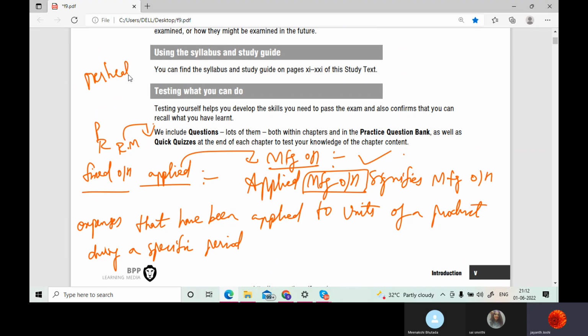Overheads are of variable nature as well as fixed nature, but here, since we are speaking about fixed overheads, they are of fixed nature. They cannot be found out per unit wise, because overheads are common for the entire organization, correct? Those are not specific to some particular task.